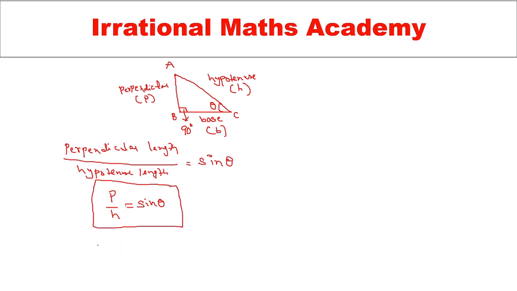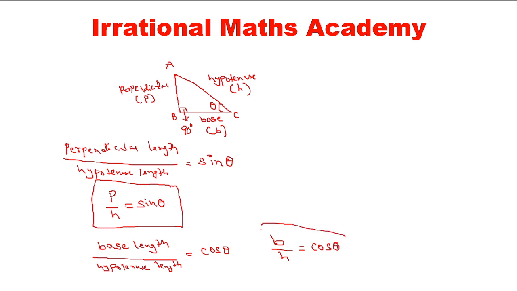Similarly, base length by hypotenuse length, this ratio we call cos theta. Is it clear? Base by hypotenuse, we call that ratio cos theta.